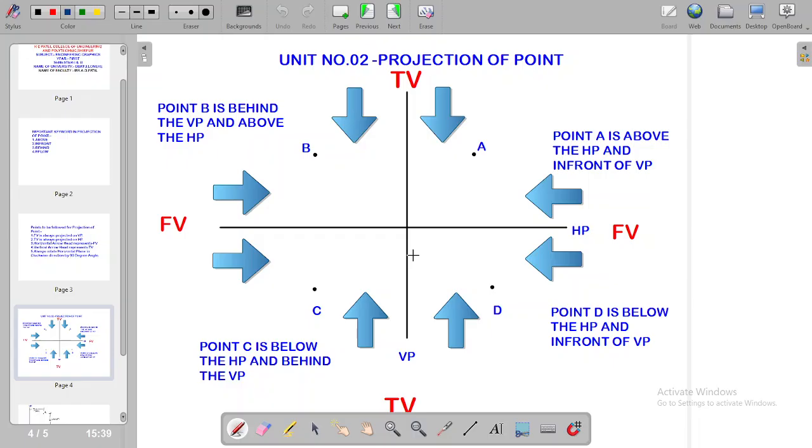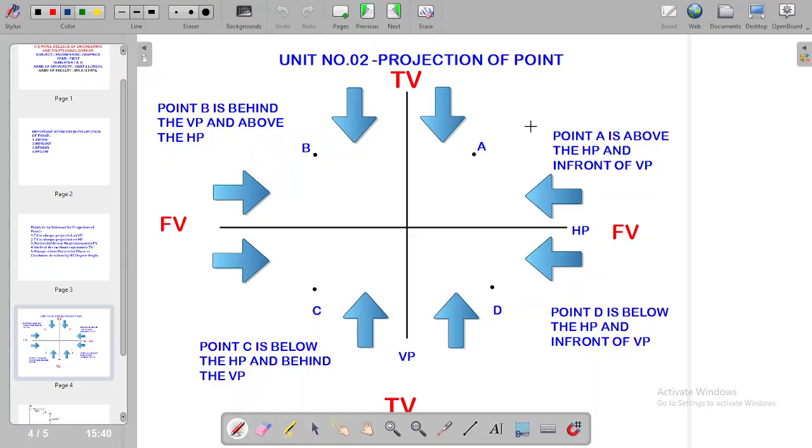All arrowheads are directed towards the HP and VP. All horizontal arrowheads represent the front view, and all vertical arrowheads represent the top view.